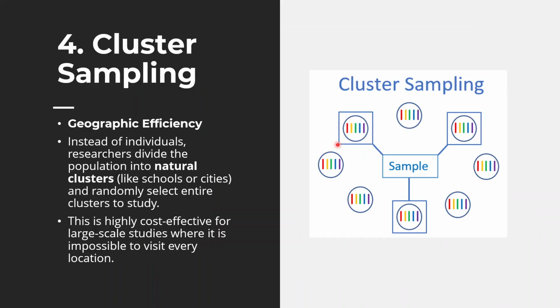A modification of stratified sampling is cluster sampling. In cluster sampling, instead of individuals, researchers divide the population into natural clusters like schools or cities and randomly select an entire cluster to study.